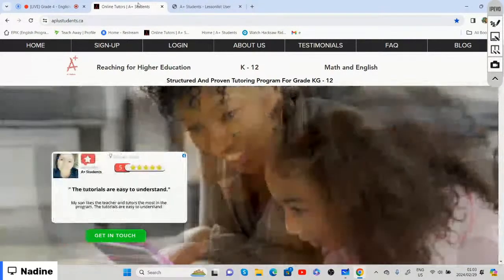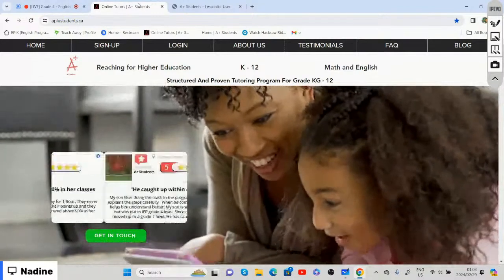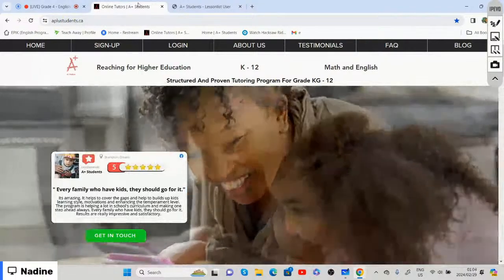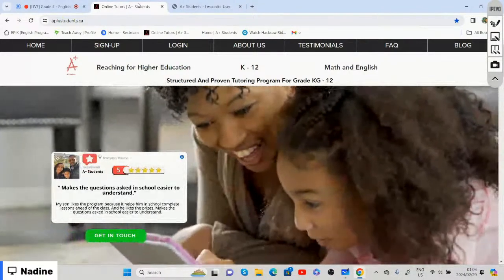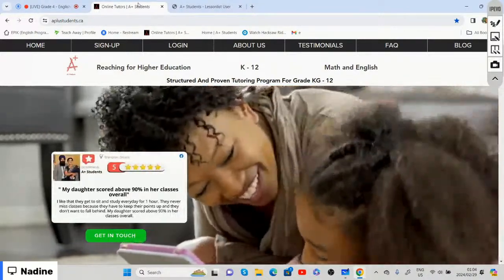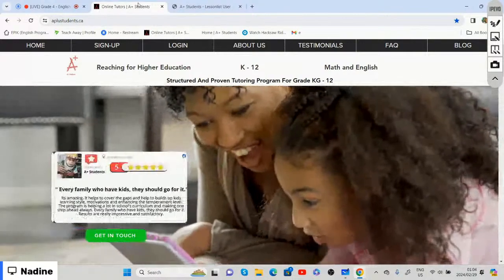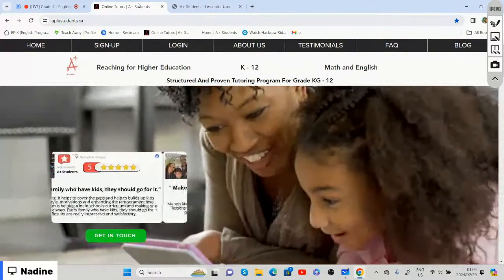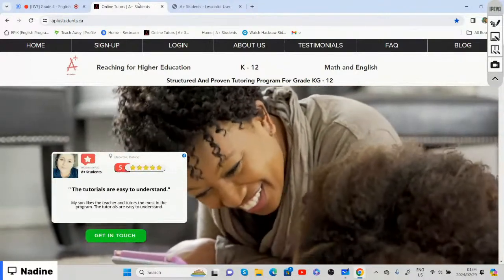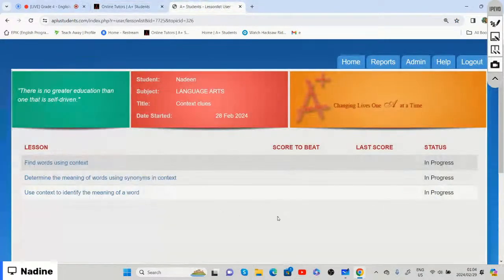and then we're going to select the subject of language arts. Grade 4. And then we're going to scroll down up until we get to our chapter of context clues.